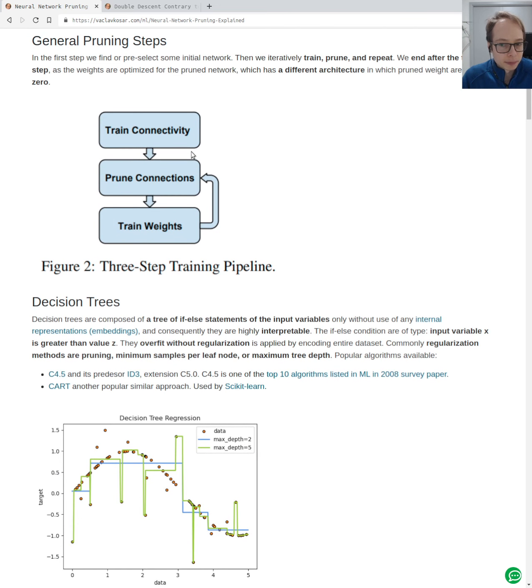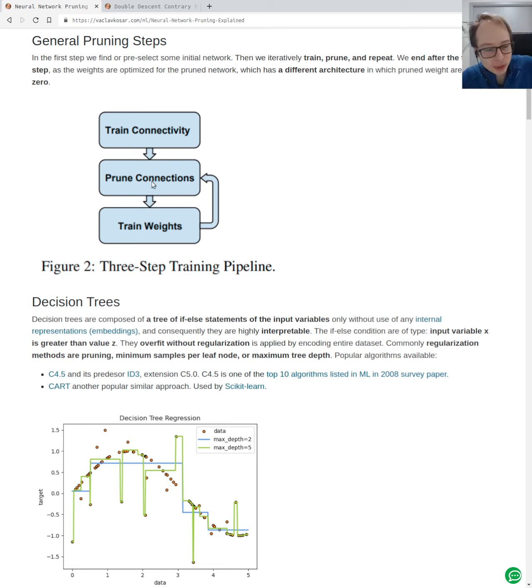Okay, what are the general pruning steps that we follow? The first step is to pre-select: we start with some initial architecture, some initial network, and then we iteratively prune and repeat, and we end with the training step. So how does this work?